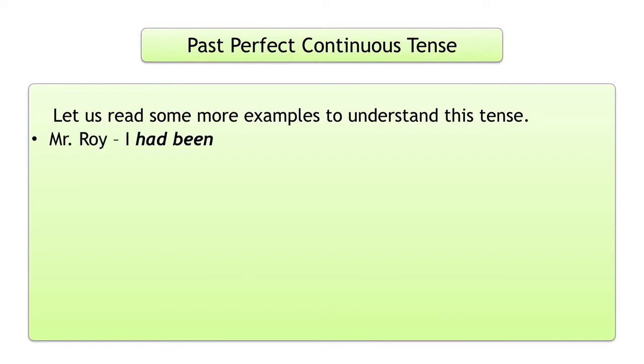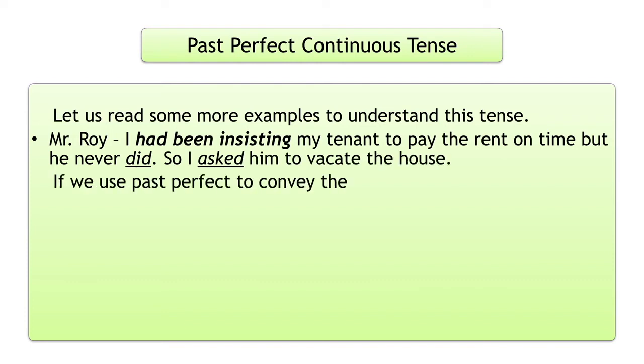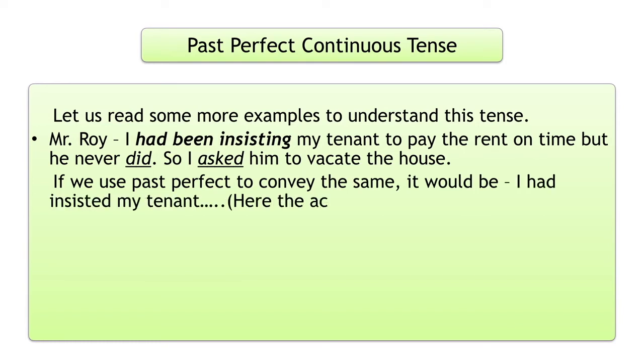Mr. Roy says, "I had been insisting my tenant to pay the rent on time, but he never did. So I asked him to vacate the house." If we use past perfect to convey the same, it would be "I had insisted my tenant." Here the action of insisting has happened once.